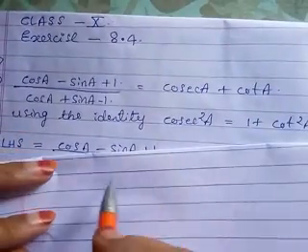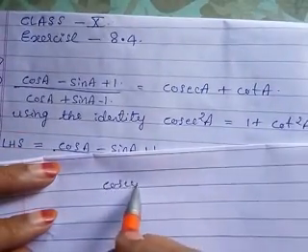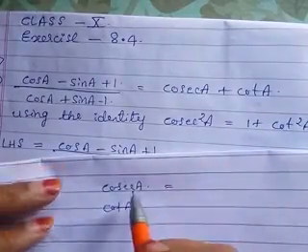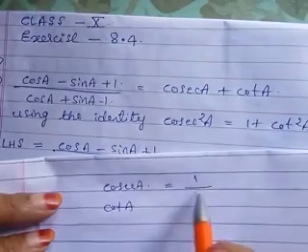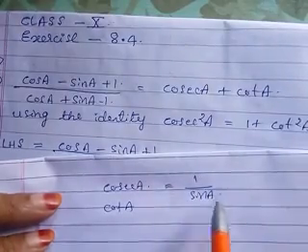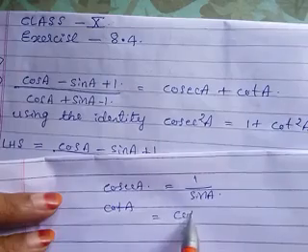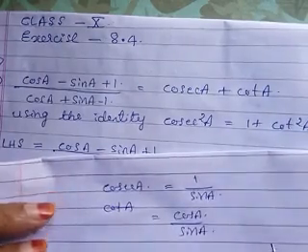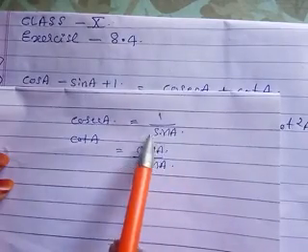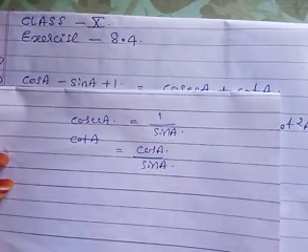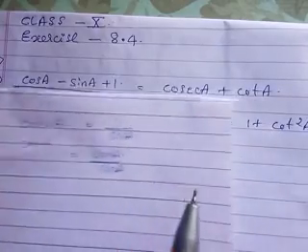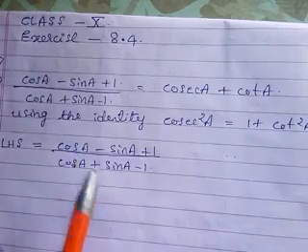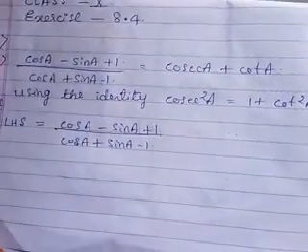RHS is cosec A plus cot A. Cosec A is 1 by sin A and cot A is cos A divided by sin A. The denominator is sin A. So, if we divide LHS with sin A, we get the answer.